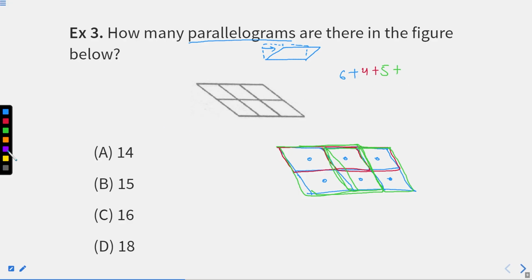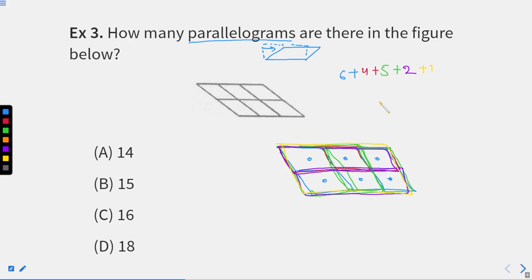I'll change another color for you, purple. You can see this also is a parallelogram and this also is a parallelogram. So we can add 2 more in this. And definitely the biggest one is the outer one. This complete itself is a parallelogram.